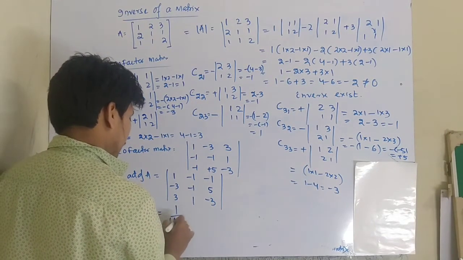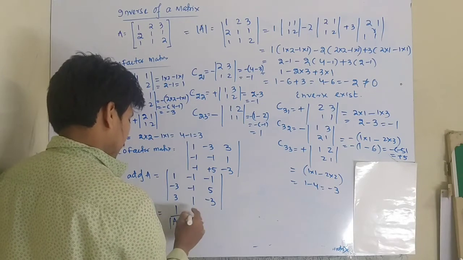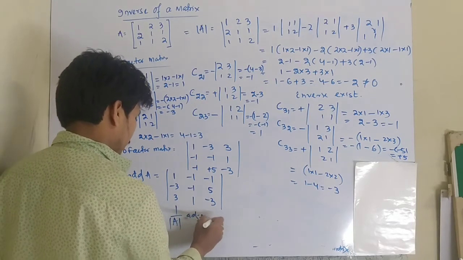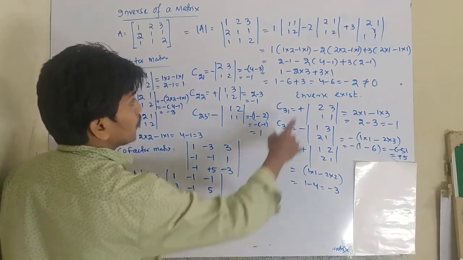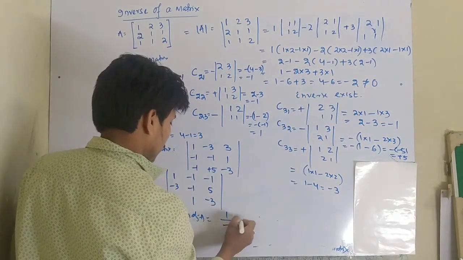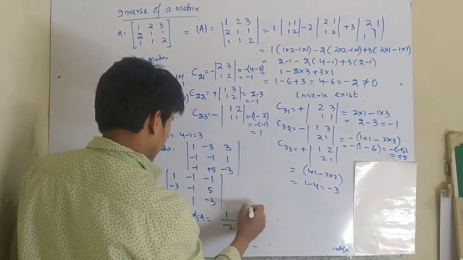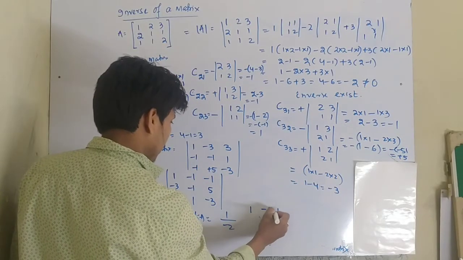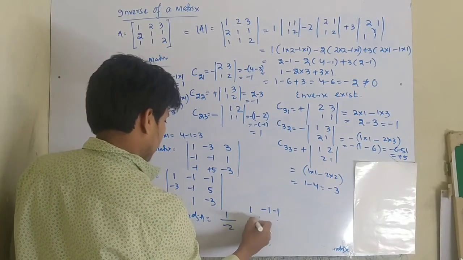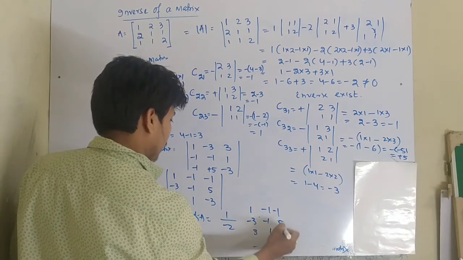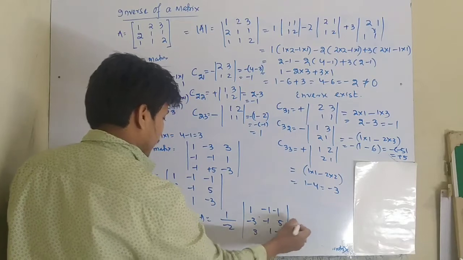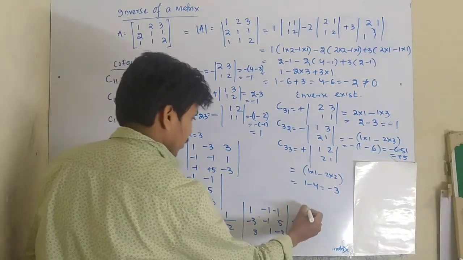1 by |A| into adjoint A. 1 by |A| is 1 by minus 2, and the remaining is 1 minus 1 minus 1, minus 3 minus 1 5, 3 1 minus 3, and divide individually.